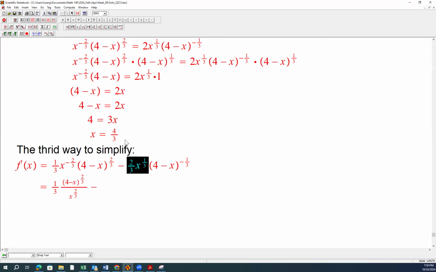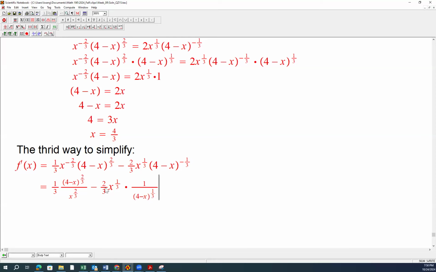Subtracting 2/3, right? And you have a denominator, so you're going to turn this into a positive exponent. So that's going to be 4 minus x raised to the power of 1/3.